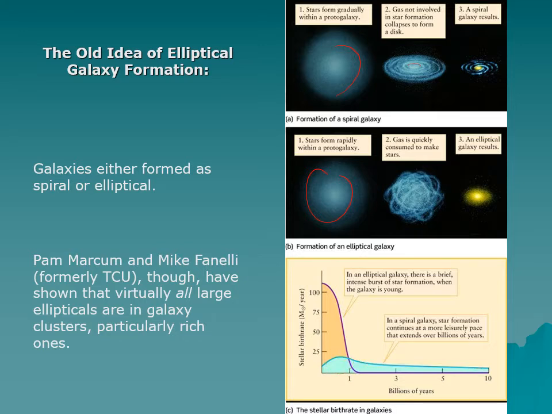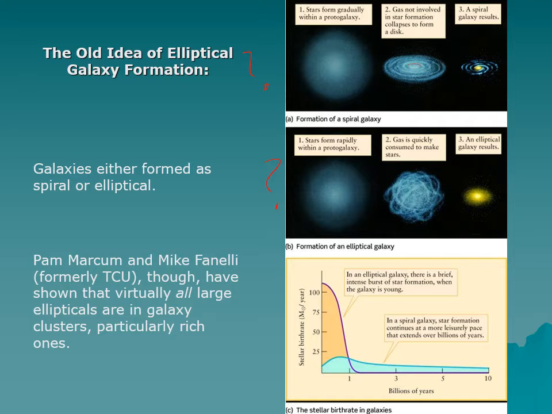In that case, you have a spiral galaxy, or some mysterious thing happens causing all the gas to suddenly make stars all at once, and then you don't have any more gas to make stars, and now you have an elliptical galaxy. The question that's always been there is, what mysterious thing would make a galaxy do one versus the other? And in science, that's always a problematic thing.